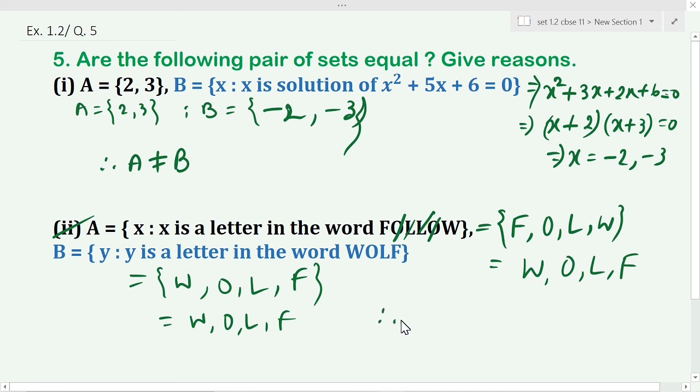So we can say that A equals B, because A and B contain the same elements.